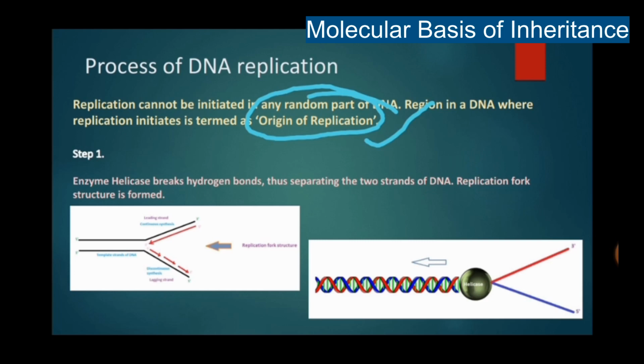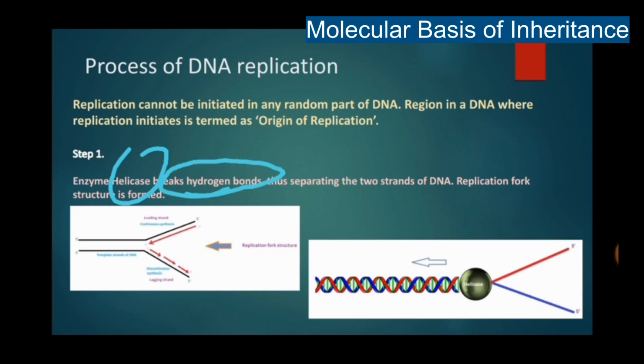Now children, who helps in separating the two strands? That is a very important question. The enzyme helicase plays a very important role, as we have already discussed. It helps in this process by breaking the hydrogen bonds between the bases.